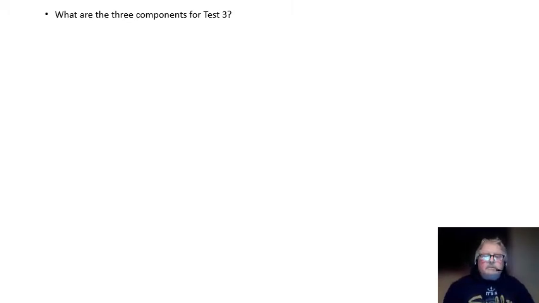If you go to the first one, the very first thing it asks is, what are the three components of test three? There are actually more than three components. The components are carboxylic acids and esters, polarity and molecular interactions, and then lipids.